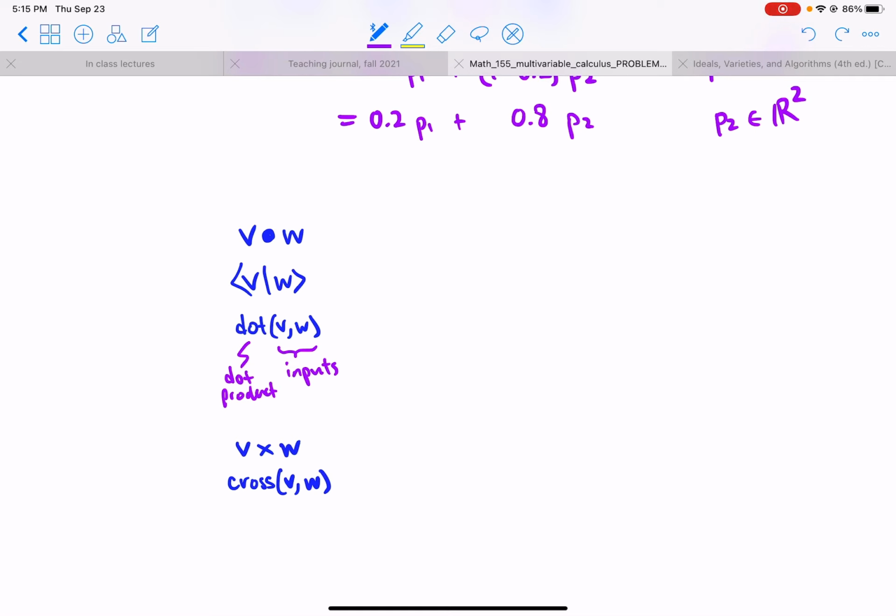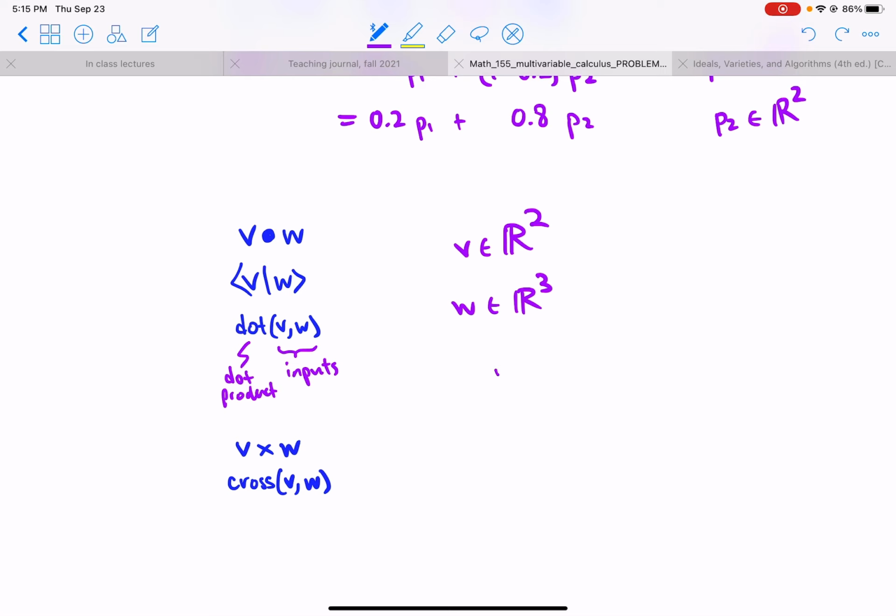The dot product of, if V was in R2 and W was in R3, the dot product of V and W is not defined. It would be meaningless, okay? So the two vectors in V dot W have to be in the same dimension. Otherwise, it doesn't make any sense, right?